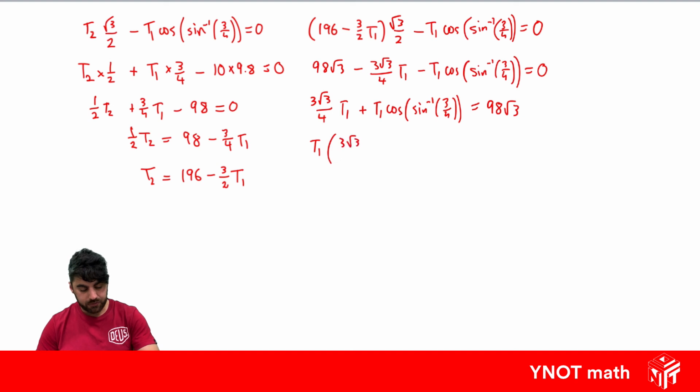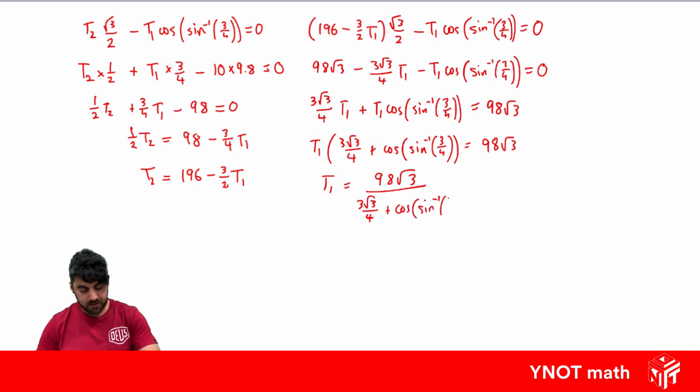So we get 3 root 3 on 4 plus cos of the inverse sine of 3 on 4, all equals 98 root 3. Dividing both sides by the bracket, we're going to get T1 equals 98 root 3 over 3 root 3 on 4 plus cos of the inverse sine of 3 on 4.